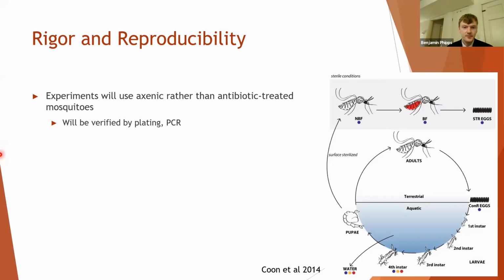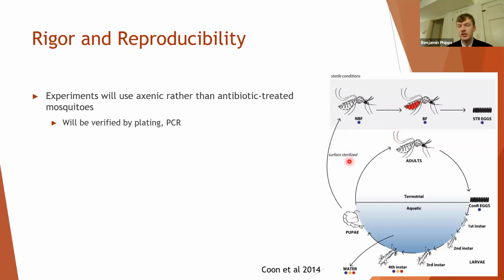And this means that there can be differing results between regions because of the differential abundance of certain antibiotic-resistant species. And so I intend to eliminate the background signal from different resistant species by rearing mosquitoes that are truly germ-free.